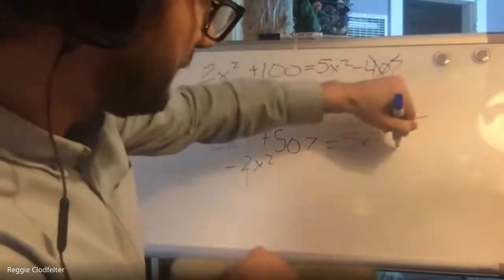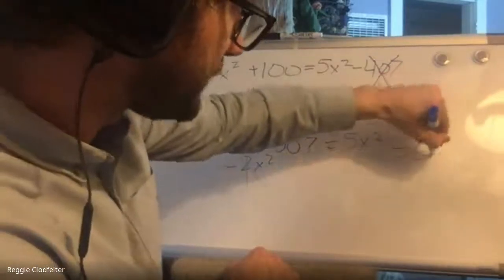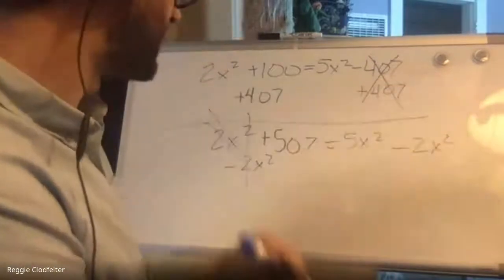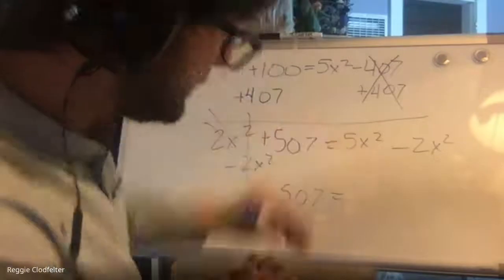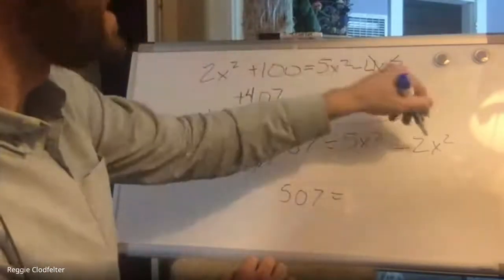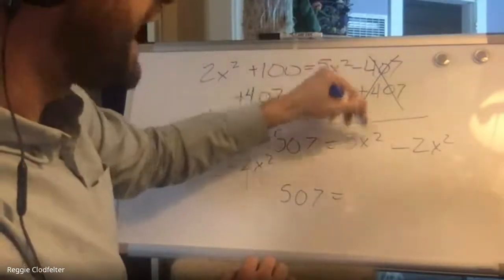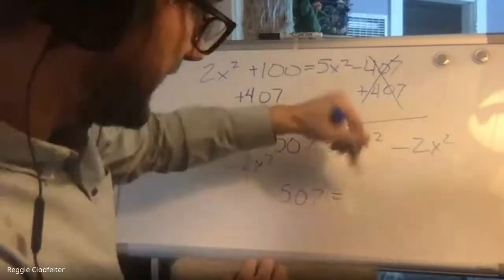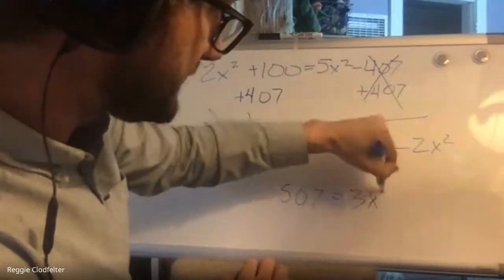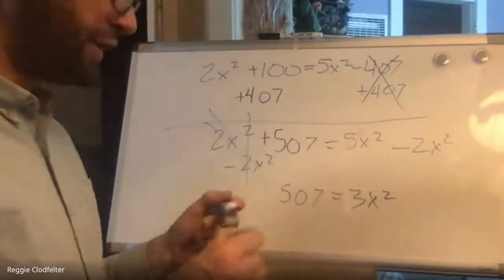Over here, I would have 5x squared minus 2x squared. So I'm now left with 507 equals 3x squared. I had 5x squareds before, I got rid of 2 of the x squareds, and I now have 3x squareds left. So now what would I do?